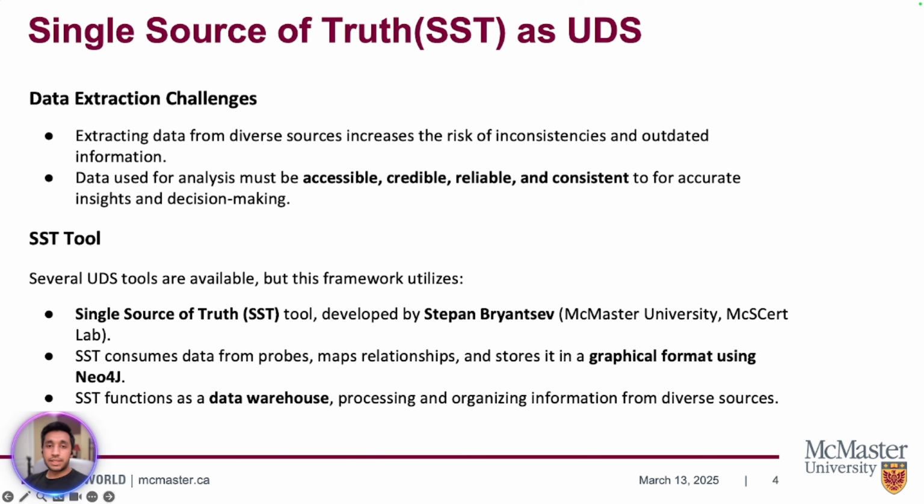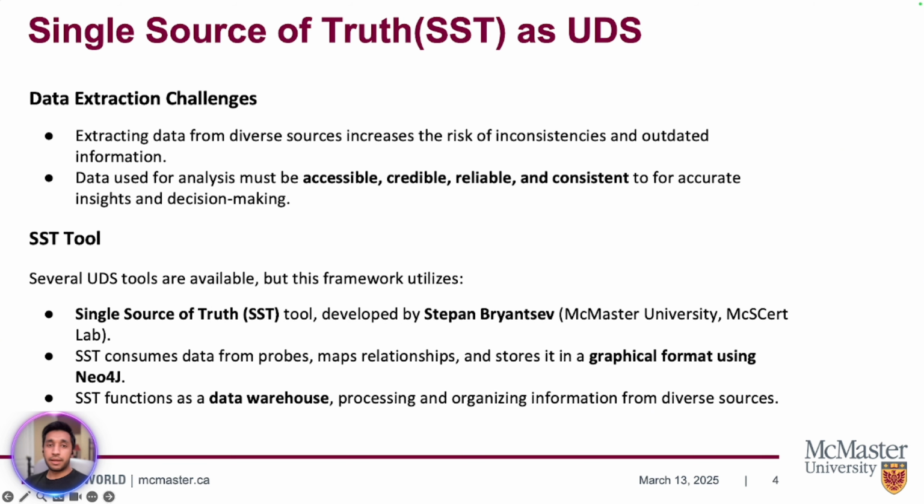Why we are using UDS is because extracting data from multiple sources introduces inconsistencies and outdated information, but for accurate analysis and decision making, the data must be credible, reliable, and consistent. Several UDS tools are available, but this framework utilizes a tool called Single Source of Truth, SST.